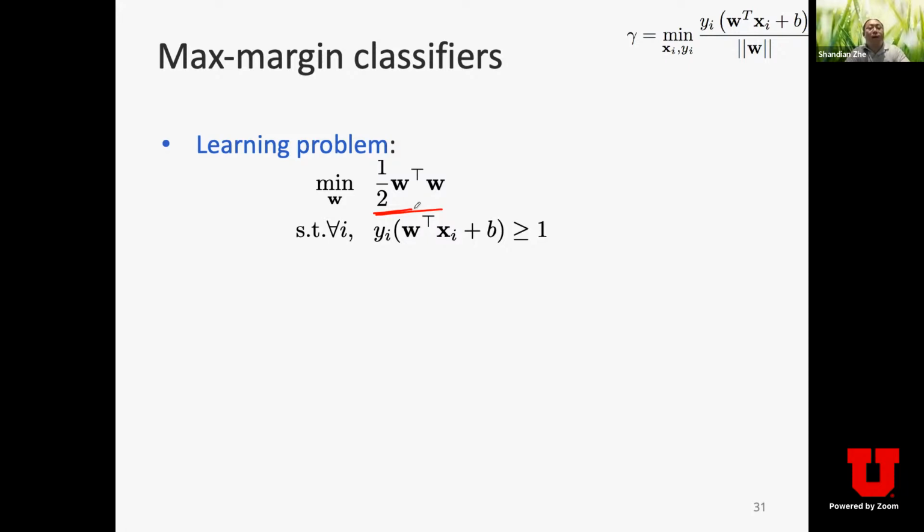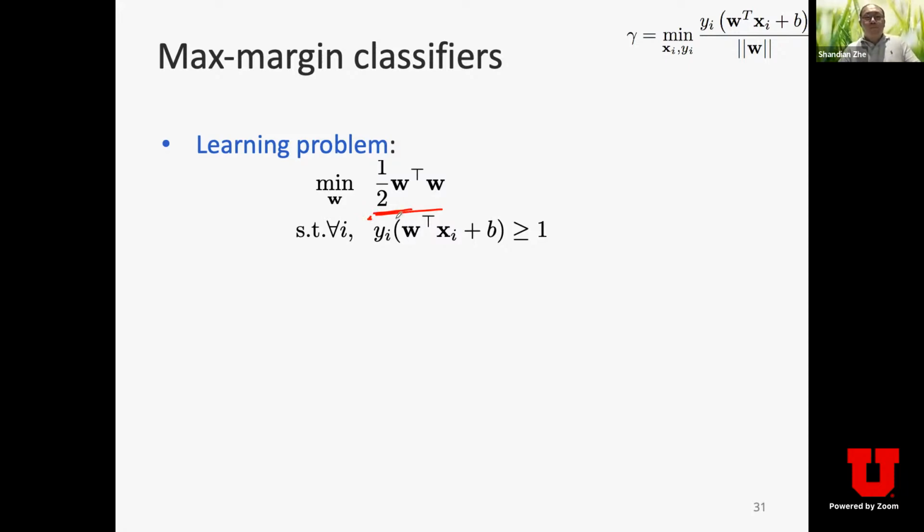It's like when we do least square regression, we put a half here. When we compute the gradient, you get the constant 2 canceled out. So actually it's just some kind of notational sugar.